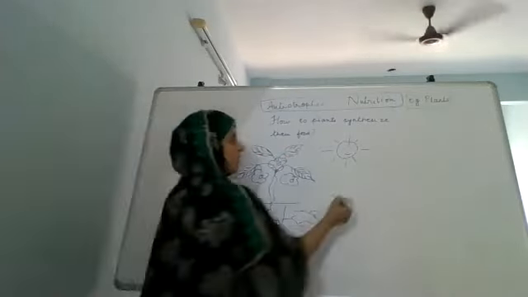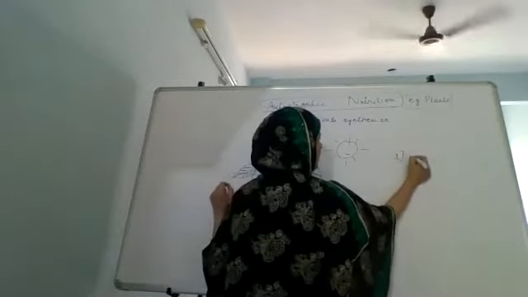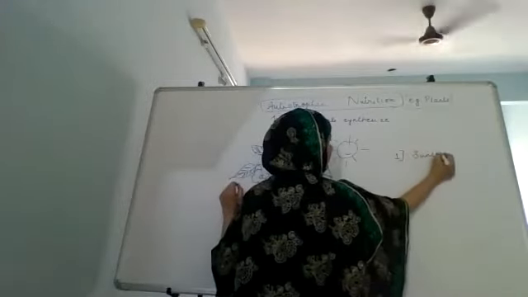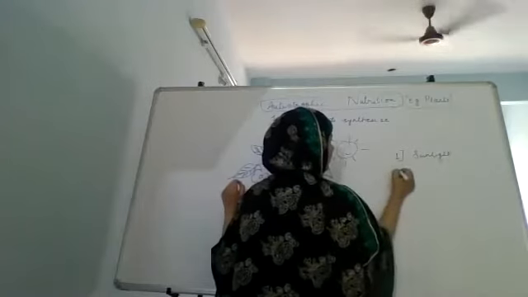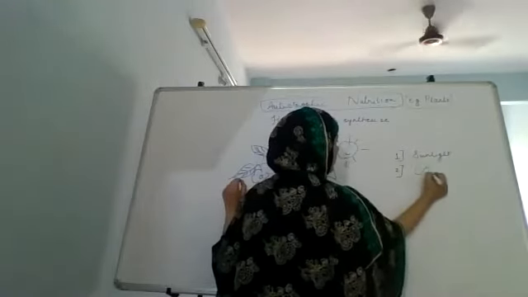So to mention each of them, one is sunlight, number two is CO2. What is the third thing?